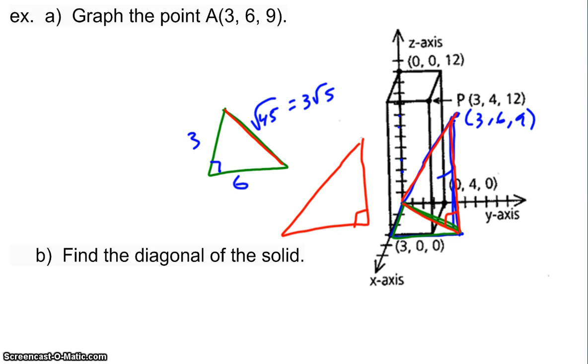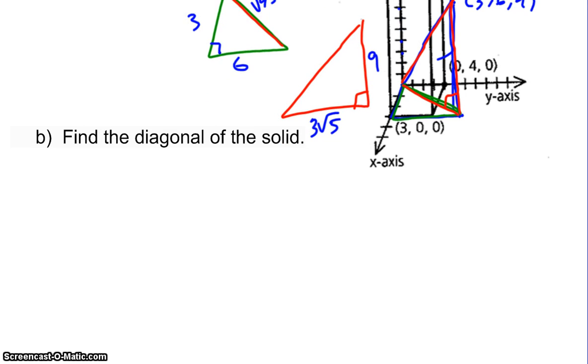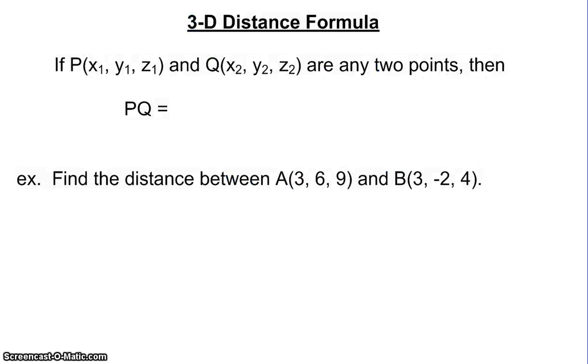And then when doing that, so we have that dimension right there, we have the height of 9, we can then find the diagonal of the solid using our new triangle. And when we use Pythagorean theorem there, we get the square root of 126, which we could simplify to 3 square root 14. Now, I don't want to do that every single time, so we are going to have a formula for 3D distance. And it's very similar to the formula that you guys are used to with the distance formula.